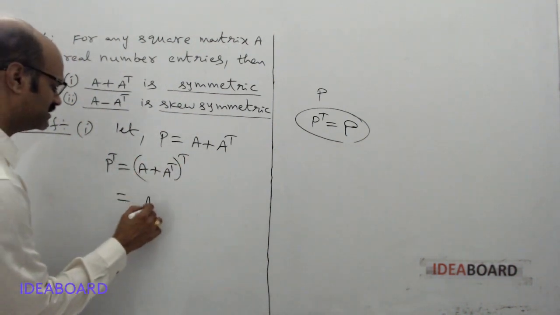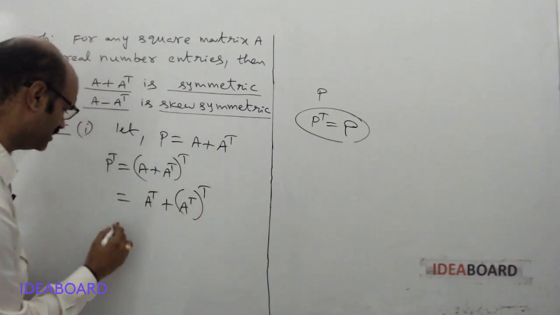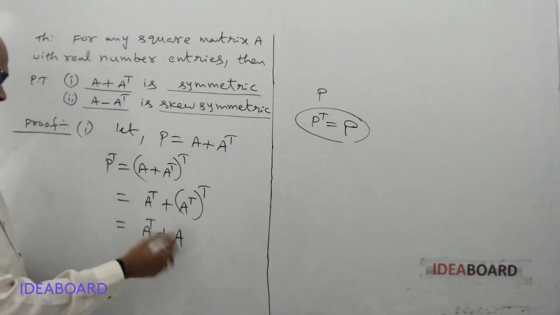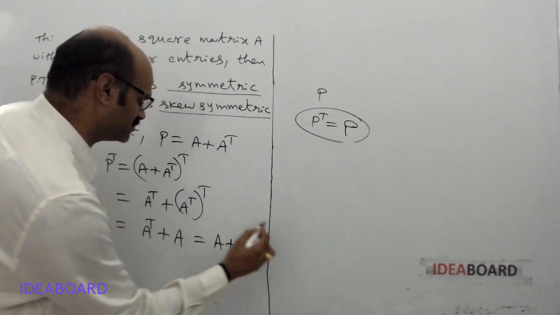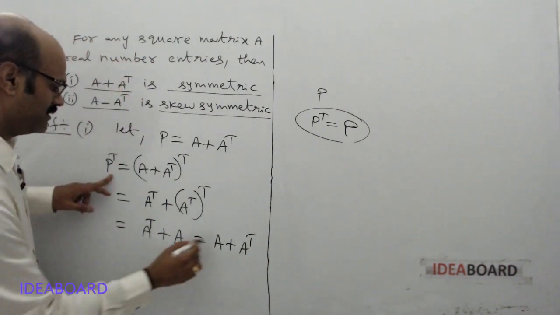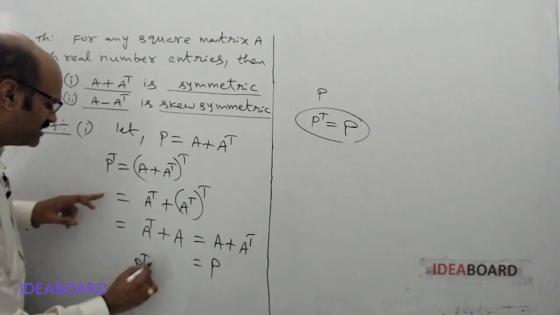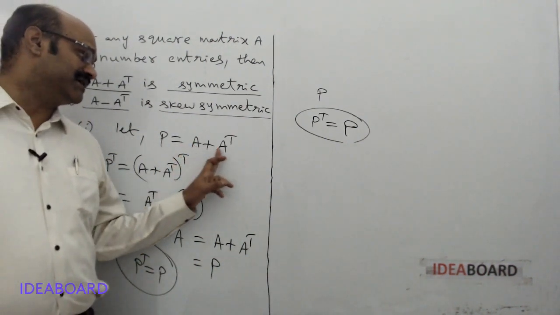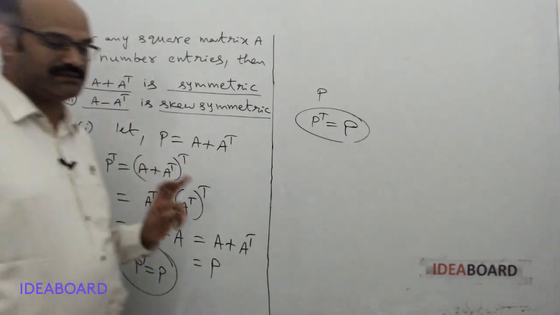So here we write it as A transpose plus (A transpose) whole transpose equal to A transpose plus A. It implies A transpose plus A is always equal to A plus A transpose. So here we say that it is equal to P. Therefore, since P transpose equal to P, we say that A plus A transpose is always symmetric matrix.